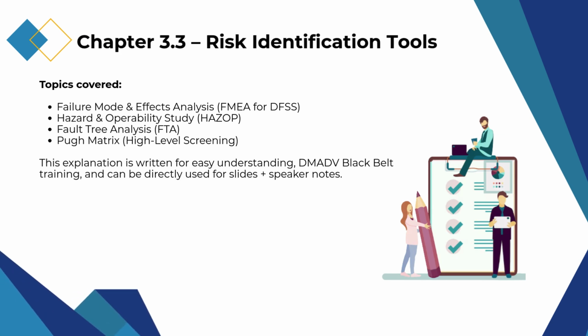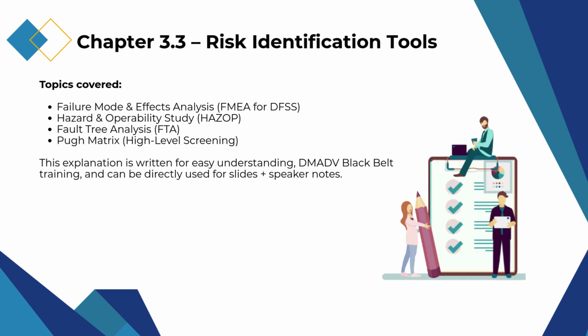Chapter 3.3 covers key risk identification tools used in the define phase of DMADV to proactively identify and prevent design failures. FMEA for DFSS helps anticipate how a new design might fail and prioritizes risks before implementation. HAZOP systematically examines deviations from intended design conditions to uncover safety and operability risks, especially in complex or regulated processes.